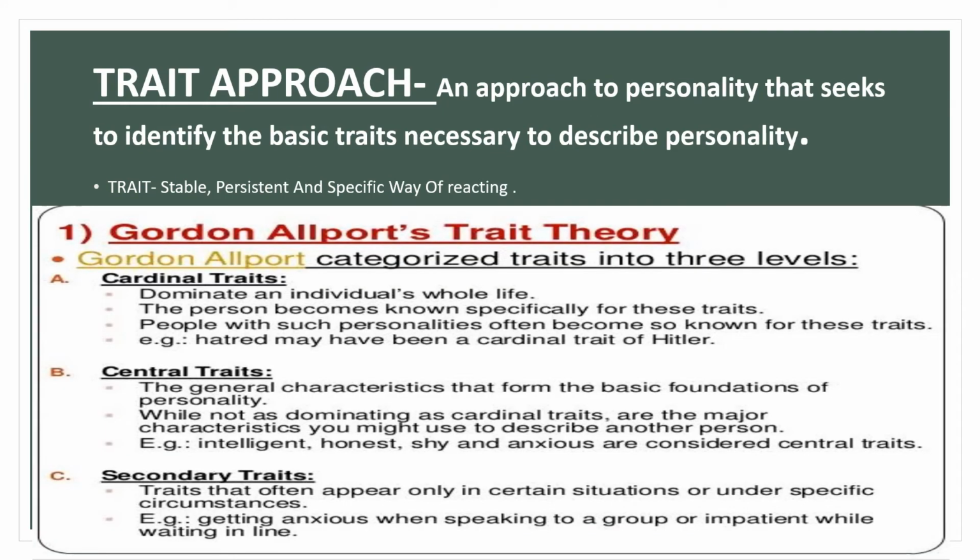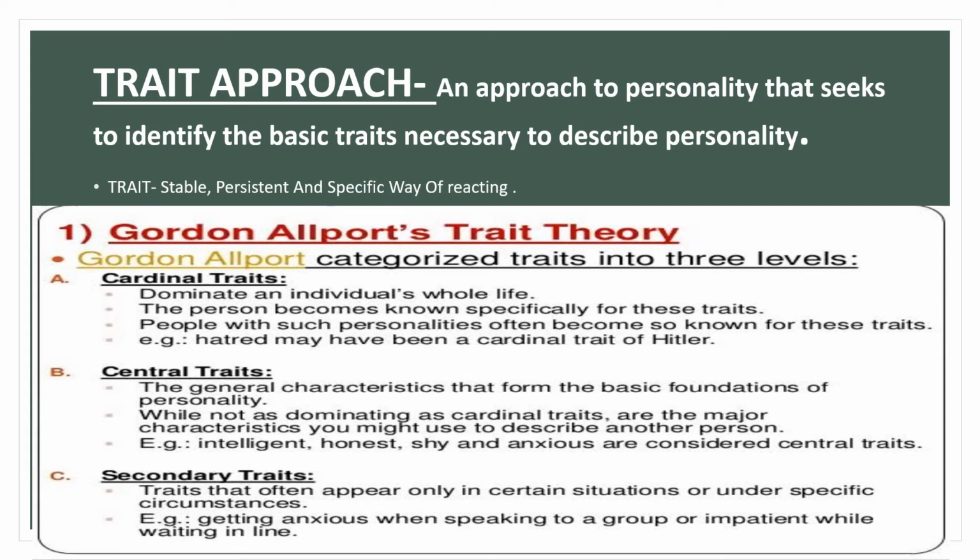Now we have the trait approach. The basic difference between the type approaches and the trait approaches is that type approaches classify human personality on the basis of body build and temperament, and the trait approaches classify human personality on the basis of specific psychological attributes like shyness, extroversion, emotionally stable, emotionally unstable, and so on.